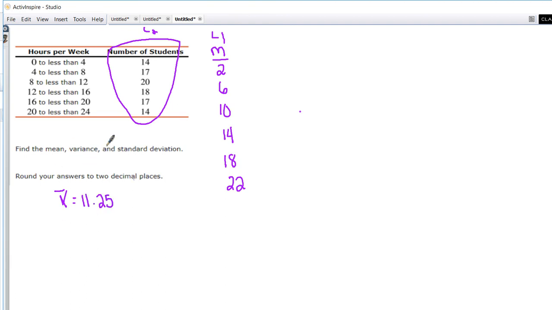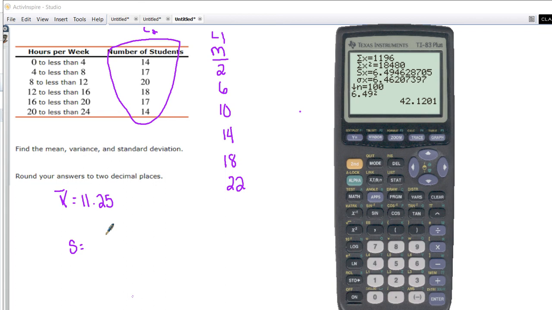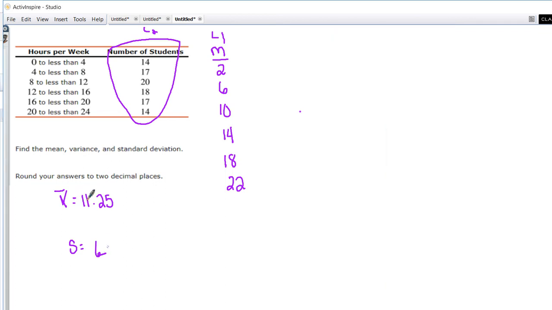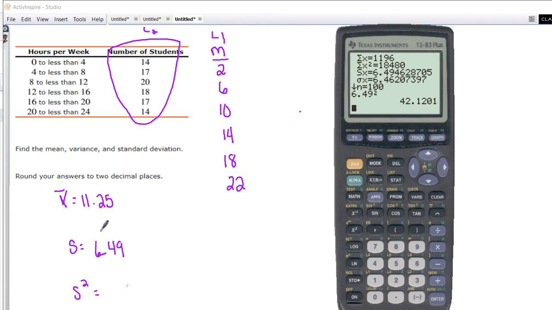We have a sample standard deviation, so S, of 6.49. And we have a variance of 42.12.